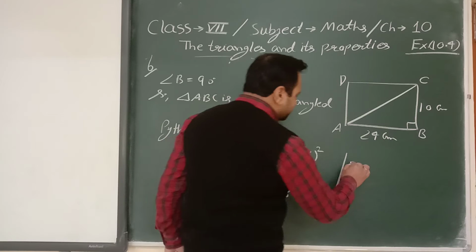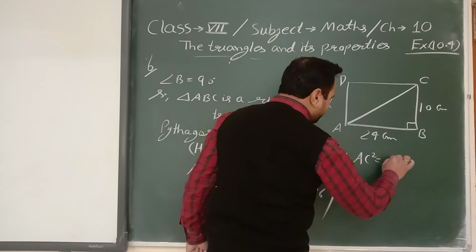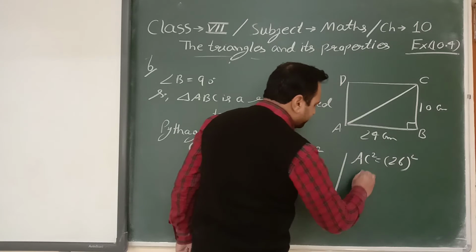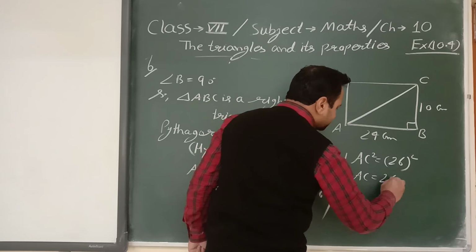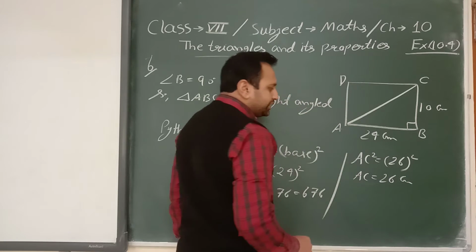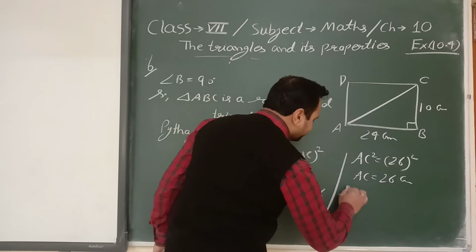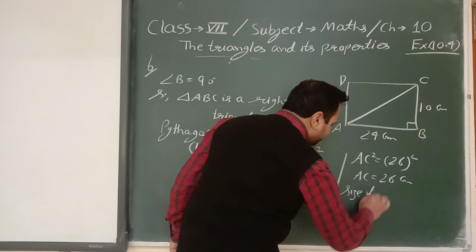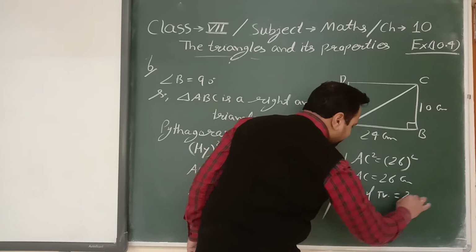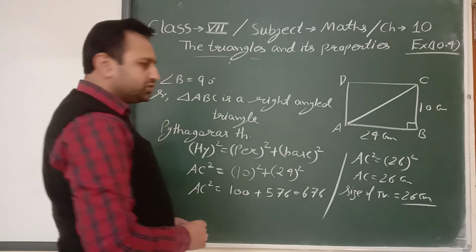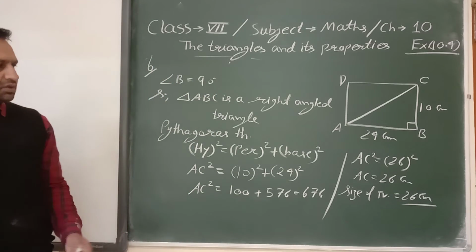And we know that 676 is the square of 26. So AC is equal to 26 centimeter. So we can say that size of the TV is 26 centimeter. Size of TV screen is 26 centimeter. So I hope question number 6 also clear. Just note down.